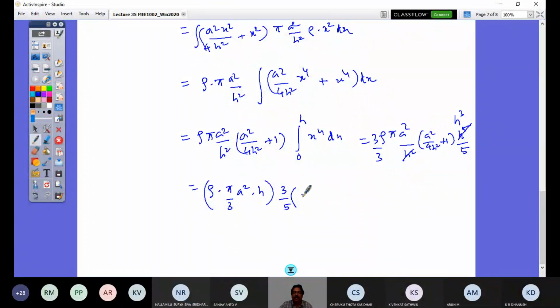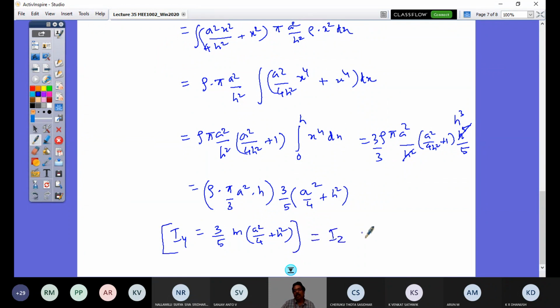If I bring h squared inside, that's going to be a squared by 4 plus h squared. So it is like that. So now this is going to be 3 by 5 m into a squared by 4 plus h squared, which is Iy. So the same is what I would get for Iz as well.